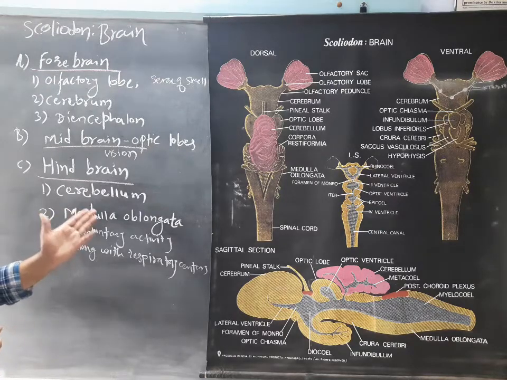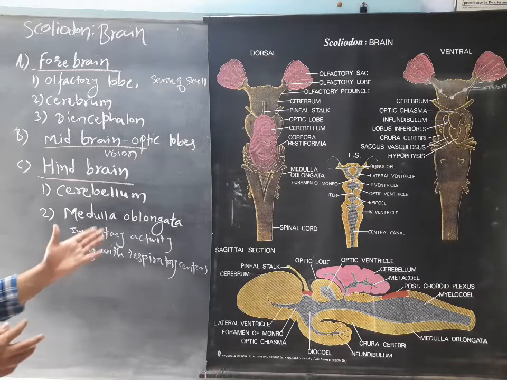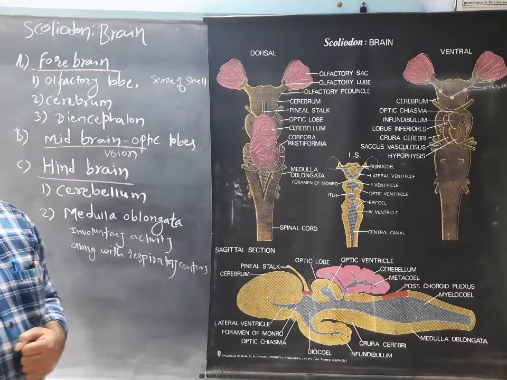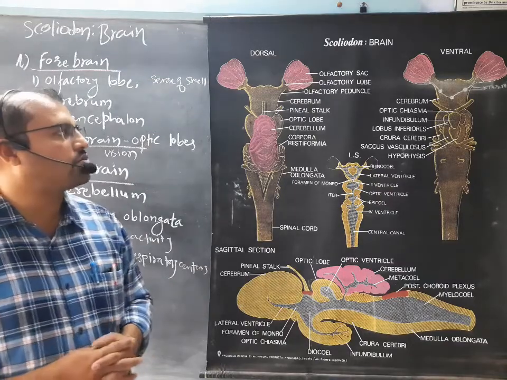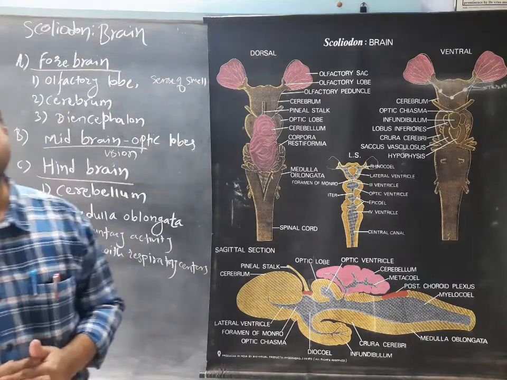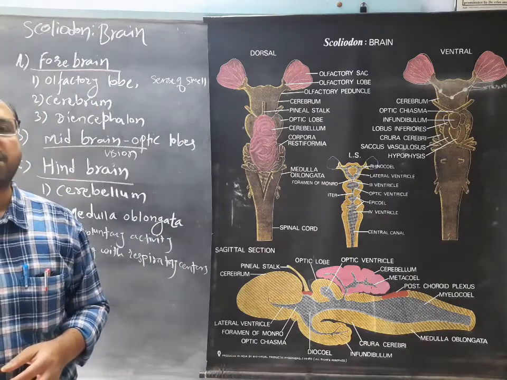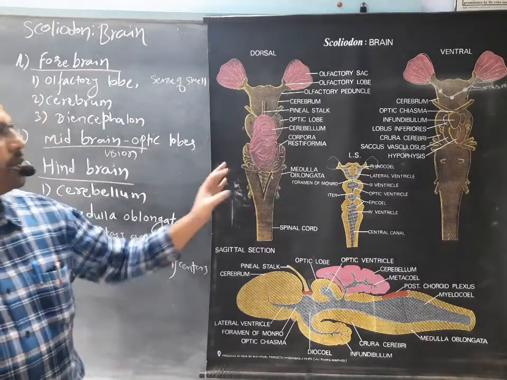And the medulla oblongata generally controls the involuntary activity of the body along with the respiratory centers. These are about the brain of Scoliodon, which is enclosed in the cranium or brain box.